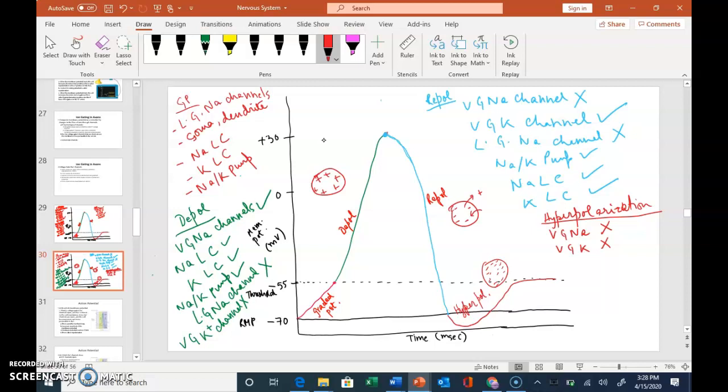We will talk about that in a bit. Now, the ligand-gated sodium channels are also closed. It is only the sodium-potassium pump and the sodium leak channel and potassium leak channel, only these three are open, and these three are responsible for bringing the membrane potential back to negative 70, which is resting membrane potential.